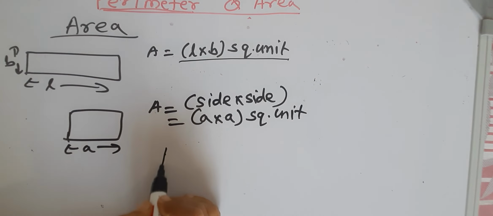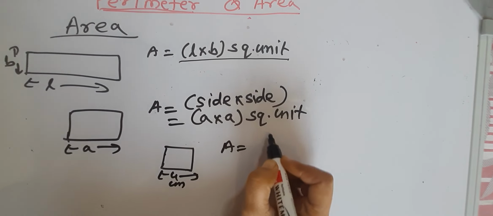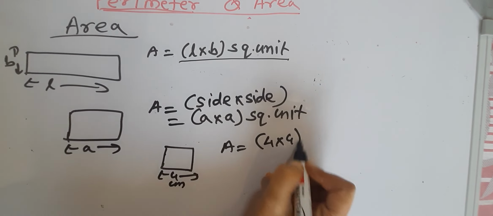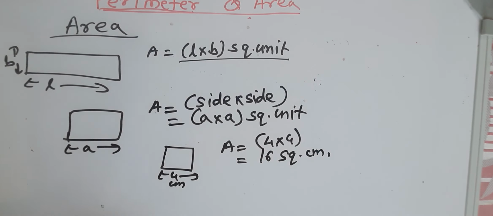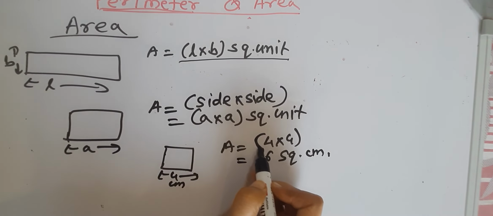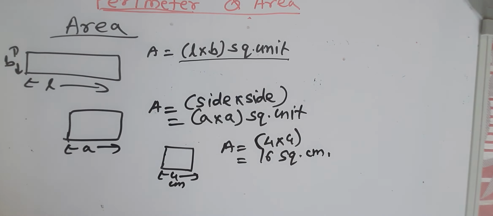Suppose for any square, one of its sides is 4 centimeter, then area will be 4 into 4, that is 16 square centimeter. Okay. This is how we find out the area of a square. If you know one side of the square, it's easy. You just have to multiply it twice, or you can find out the square.